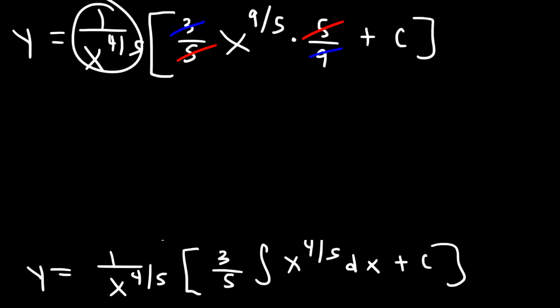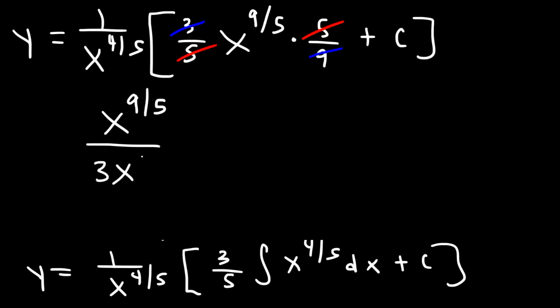So distributing this to everything, we're going to have x raised to the 9 over 5 over 3x to the 4/5. And then distributing this to c, that's going to be plus c over x to the 4/5.